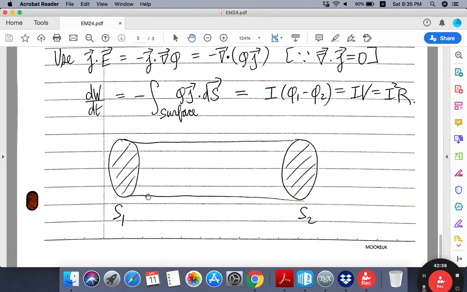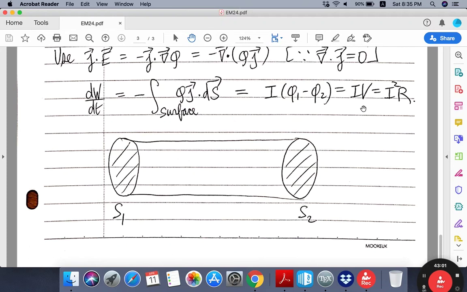And there are two surfaces at different potentials, so you have the current multiplied by the potential difference, and this potential difference is nothing but the voltage. So all in all, the rate of production of heat turns out to be equal to the current multiplied by the voltage, which also equals the current squared multiplied by the resistance, once you invoke Ohm's law in the circuit version, namely V equals I times R.